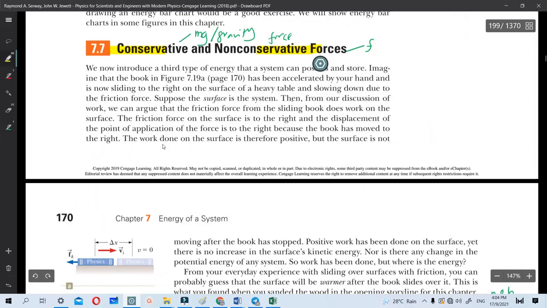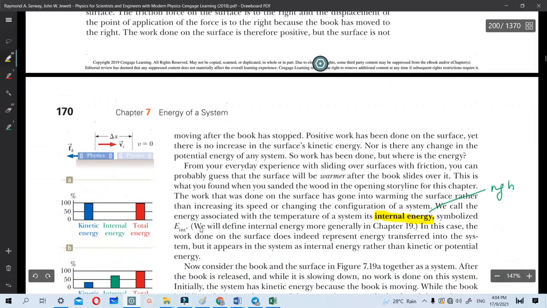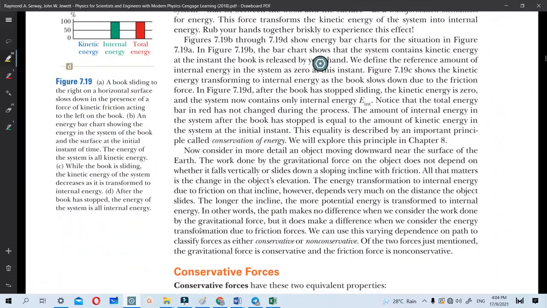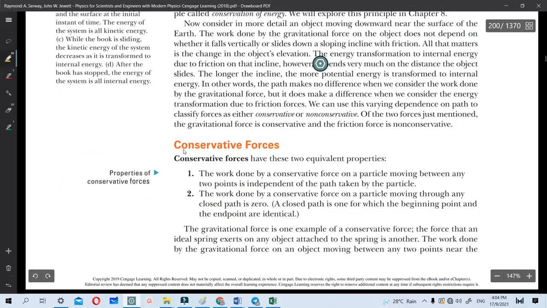Alright, now let's get back to our book. Overall, we can say that a conservative force has the following properties. This is the most common: it is independent of the path taken. That's the keyword. It doesn't matter which path you take, longer or shorter, it is independent.